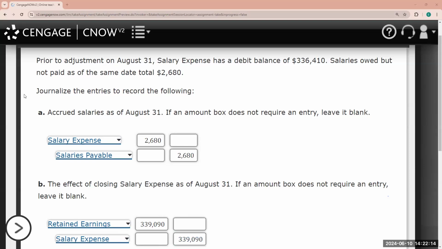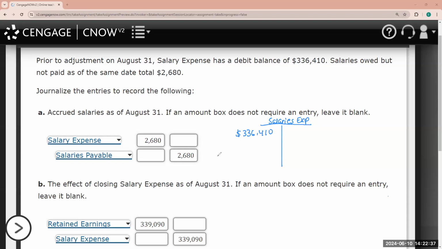So just to show you guys a visualization, this is what the T account would look like. So we have our T account, we have our salaries expense. We started off with a balance of $336,410.